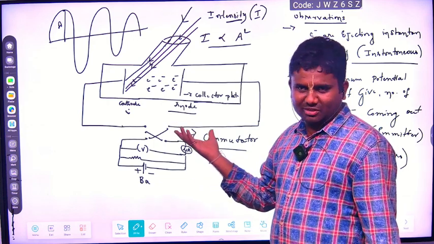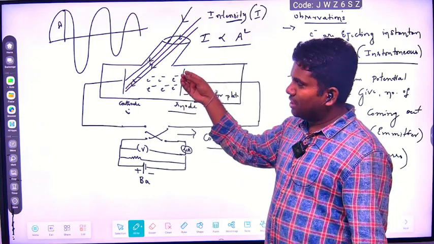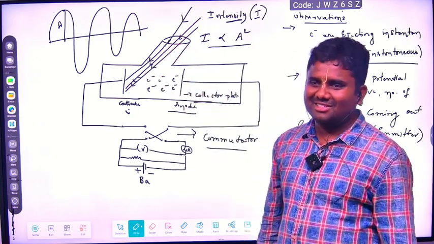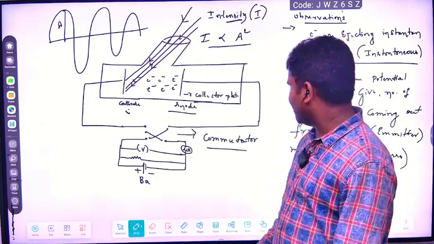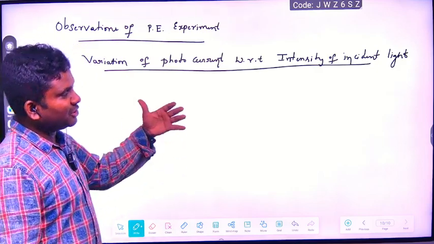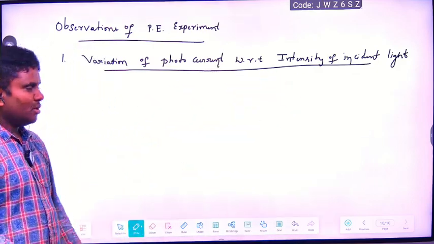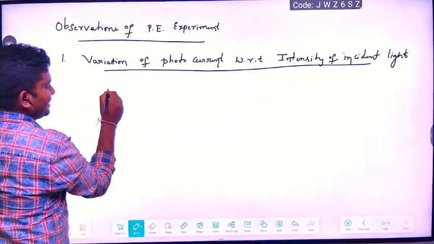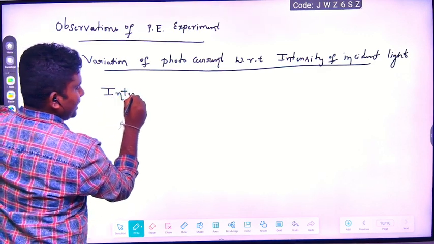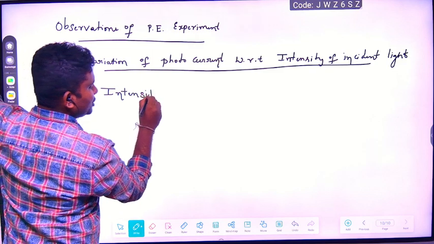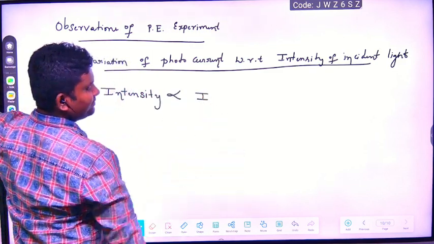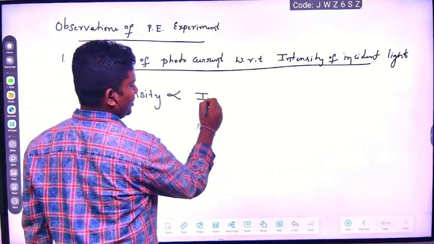Flow of electrons, right? If the number of electrons increases, the current will increase. So photocurrent increases. How it increases is what the graph will show: variation of photocurrent with respect to the intensity of incident light. Whenever the intensity is maximum, intensity is directly proportional to the photocurrent I. You can write photocurrent.